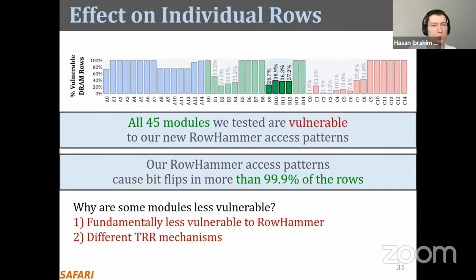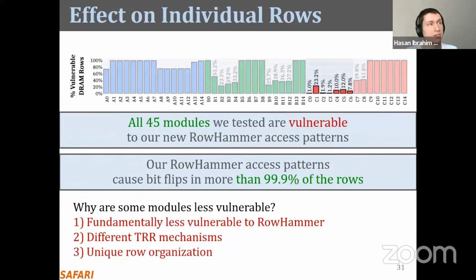But it is possible to analyze these modules further, find out exactly what the differences are, and craft RowHammer access patterns that achieve a higher percentage of vulnerable rows. But we were able to see bit flips, and the number of bit flips we see is still huge. Being able to induce bit flips in over 30% of the rows is still huge.